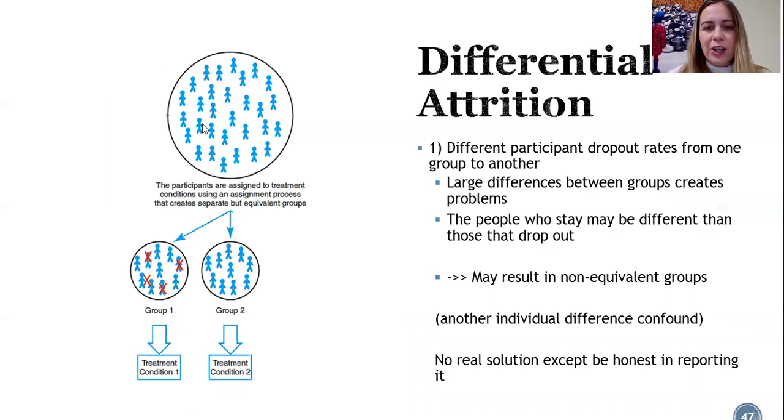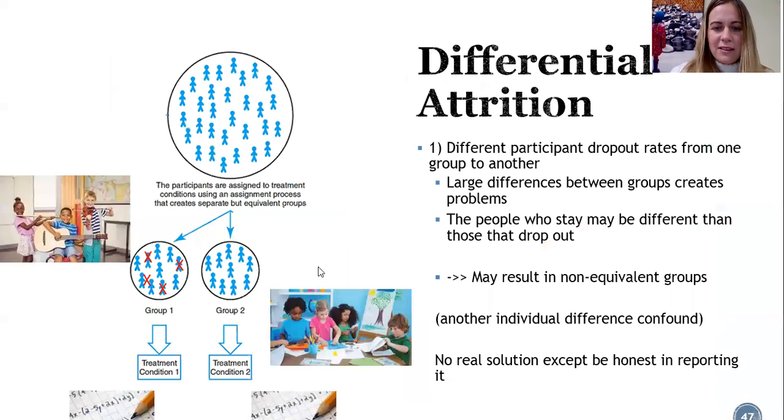So this is what this might look like in a picture. We've got people assigned to 2 different groups. If we've got more people dropping out of this group than this group, this would be differential attrition. Now, to show why this is a problem, let's go back to our example of music versus art training. If we had started with 30 participants in each group and half of our participants dropped out of the music training, this might be a problem because the people who drop out might be different than the people who persevere with the training.